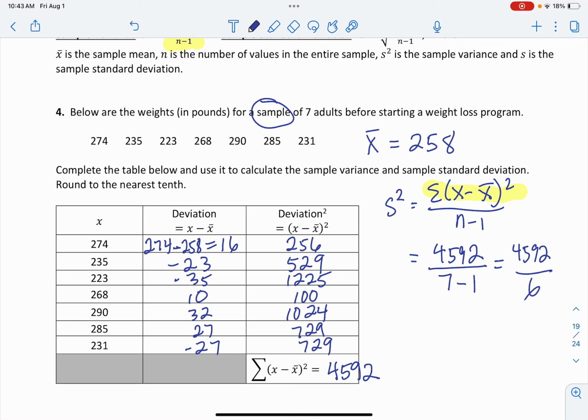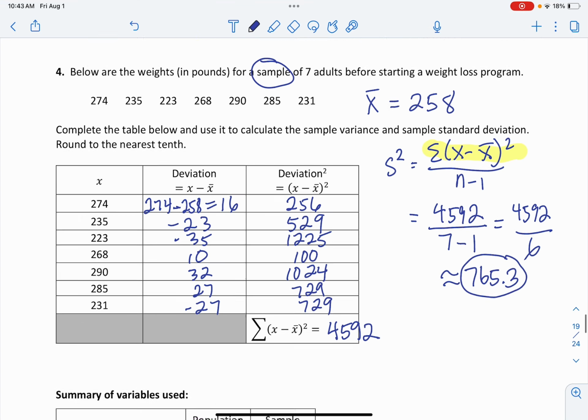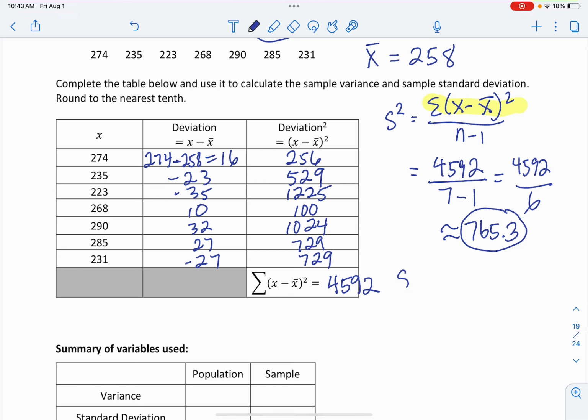All right, so we're going to do 4,592 divided by 6, which is about 765.3, the variance. Standard deviation is just s, and I'm going to just take the square root of the variance. Now I want to be a little bit careful here because I did round that number.